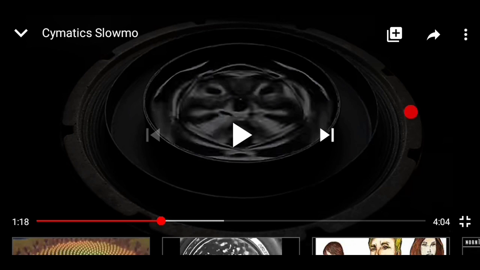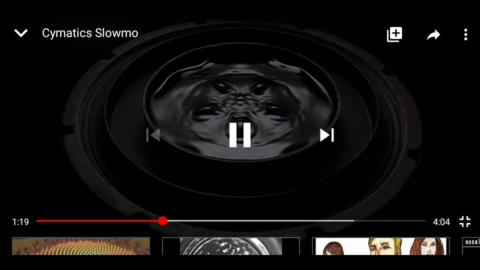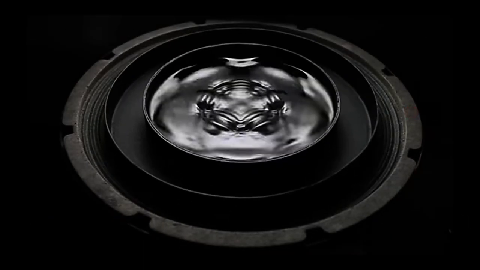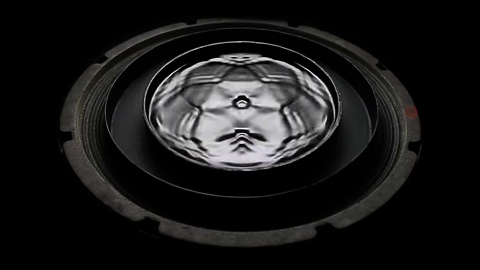So let me show you exactly how it happens when you put a frequency through water, because it's getting real serious here when we're talking about breaking down this sacred geometry and how it actually affects the realm of reality in which we live. So take a look at this video, right? What they're doing is playing frequencies through the water.